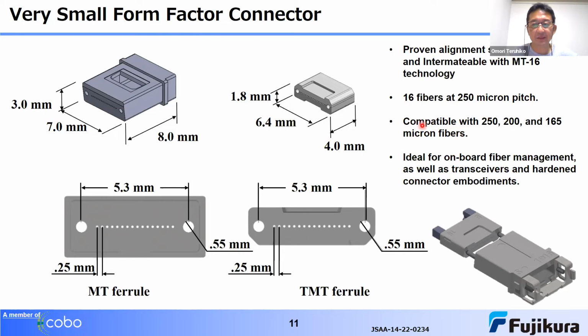And this is the strong point of key features. TMT ferrule is compatible with 250 micron and 200 micron and 165 micron fibers. Of course, the 165 micron fiber has 80 micron cladding fiber.